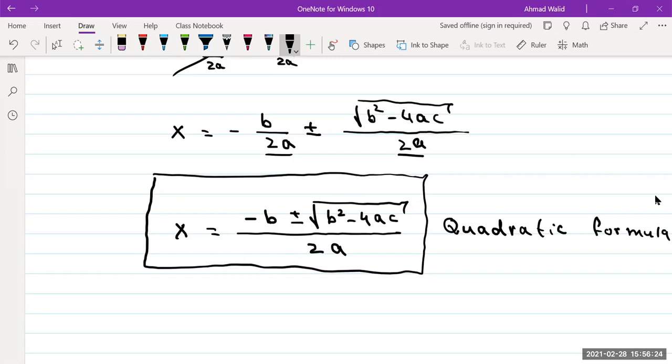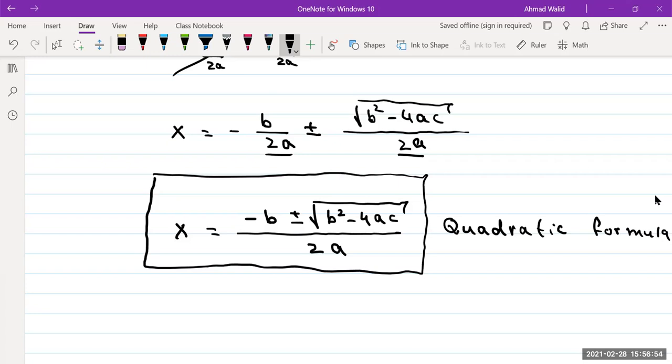Students, mainly, don't like to use the completing a square method to solve a quadratic equation because it's too long and it's easy to make a mistake. So instead of using the completing a square method, they created the quadratic formula.